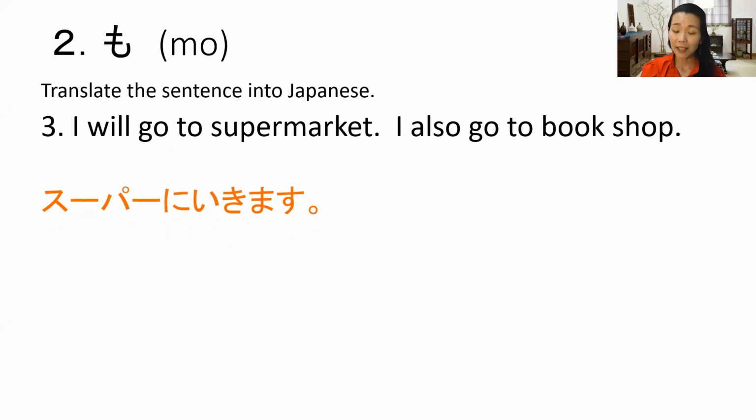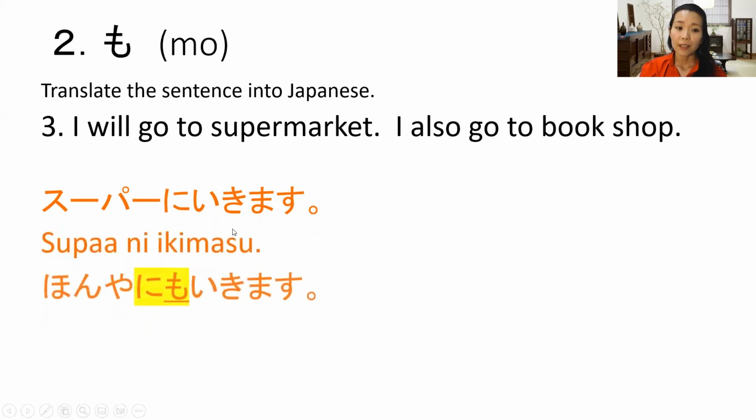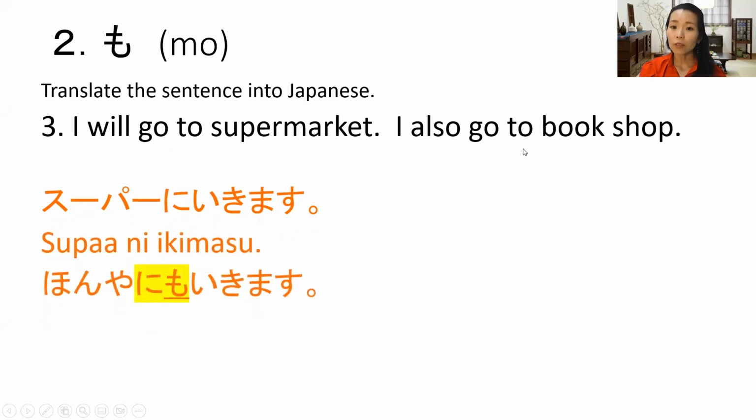Then に is a particle you use to indicate the destination. Then, I also go to the bookshop. The topic and the verb are the same, go. But then you add にも. The position is here. 本屋にも行きます。That's how Japanese would say it.